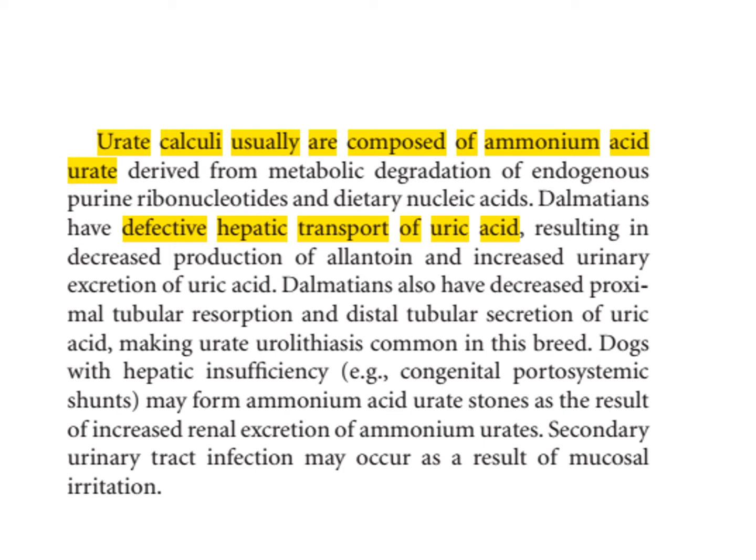The uric acid in the liver is further metabolized to form allantoin, and because of the hepatic transport defect, this uric acid is not able to be converted and degraded into allantoin, which is ultimately excreted out. So there is a high level of uric acid in the body, and this high level of ammonium acid urates can result in the formation of urate calculi.